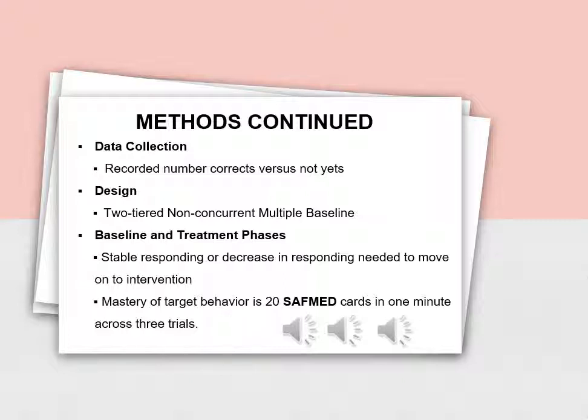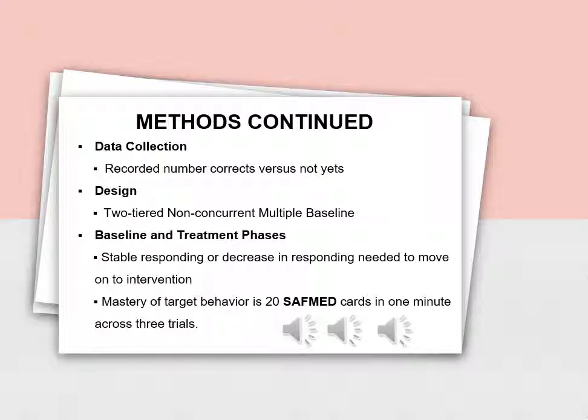This non-concurrent multiple baseline design across participants consisted of both baseline and intervention phases. The two-tiered non-concurrent multiple baseline approach was selected due to time constraints. Additionally, the first tier contained 3 participants, whereas the second tier contained 2 participants.